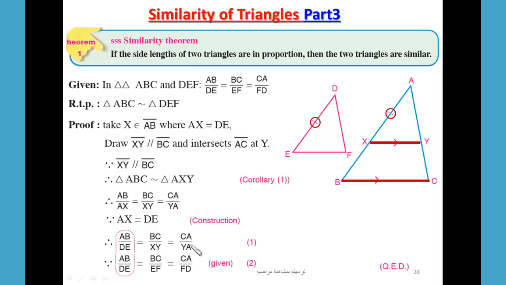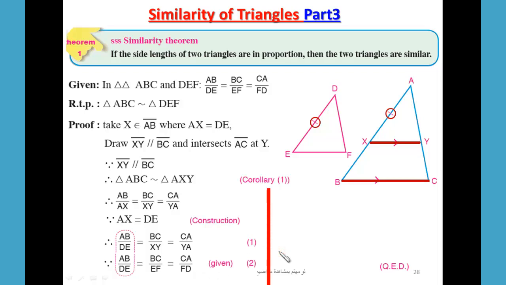The three terms here equal the three terms there because the first terms are equal. So we can deduce that XY equals EF and YA equals FD.